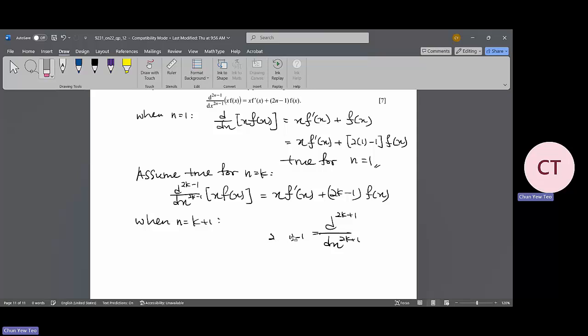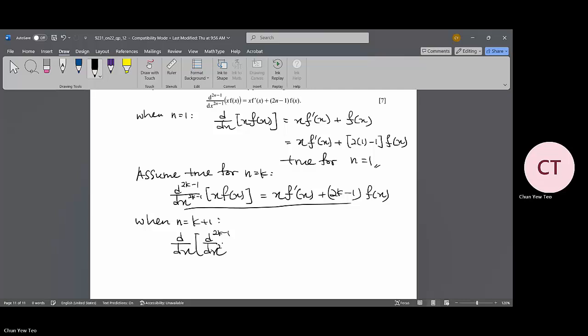So ready? Now we will go and differentiate this. That means I differentiate this on top of the result here.